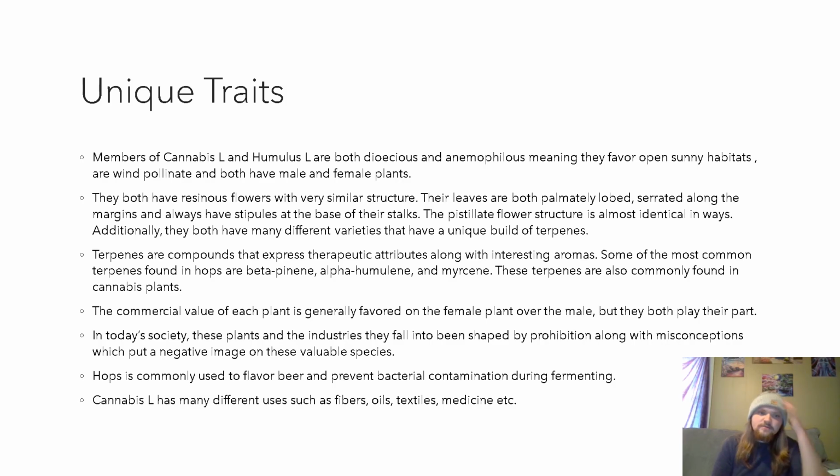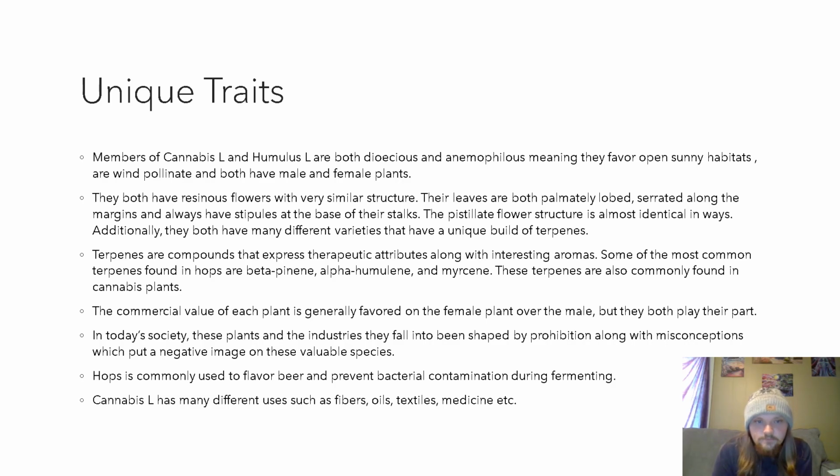Regarding terpenes in general, there's a lot more variation in terpenes and cannabinoids with the cannabis plant compared to hops. So it's very interesting to see, when they split off from each other, how that played out, like what genetic variation led Cannabis L. to have those traits instead of hops.